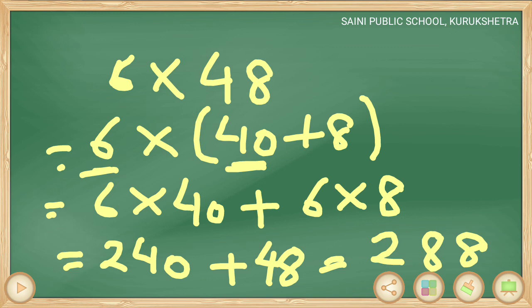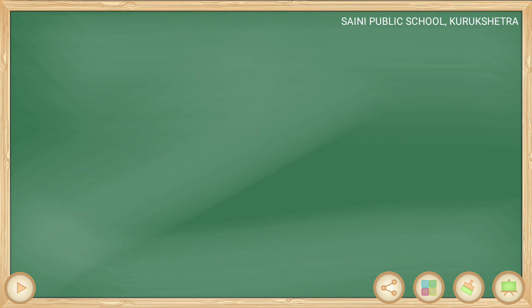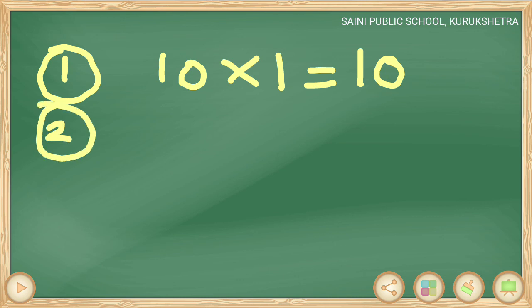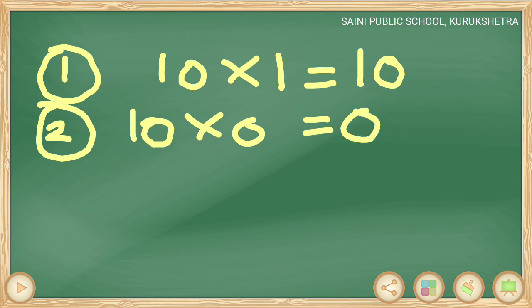Now let us revise all the 5 properties we have discussed today. First property says, when we multiply a number by 1, then the product is the number itself. Second property says when we multiply a number by 0, the product will be always 0.